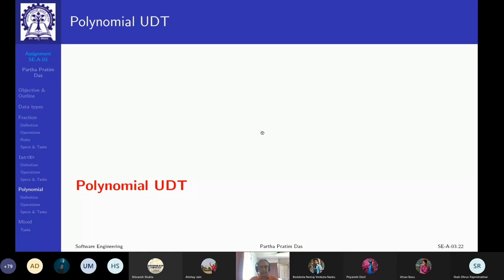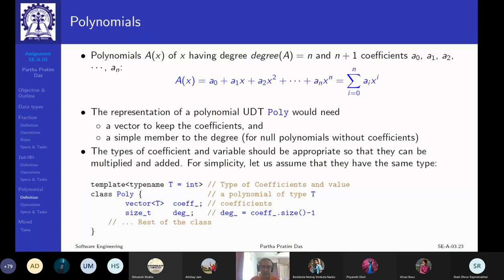The third is a polynomial. All of you know what a polynomial is, but just again, in the same style, let us define the concept. The concept certainly is a polynomial a(x) of variable x having degree n, has n plus 1 coefficients, which is written as a0 plus a1x in this way, and all the summation notation.